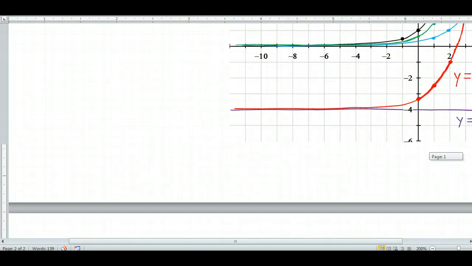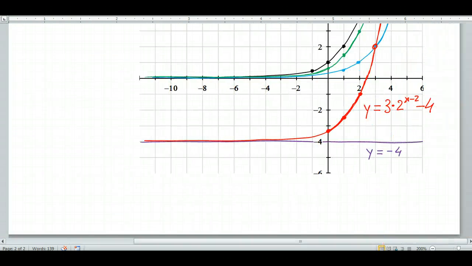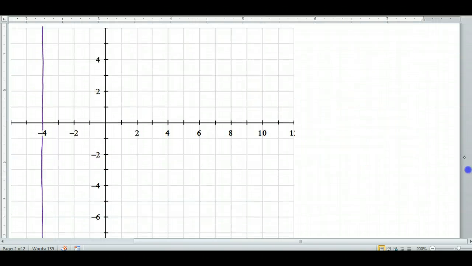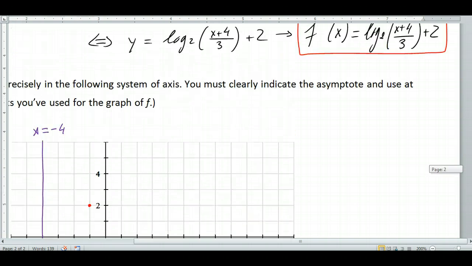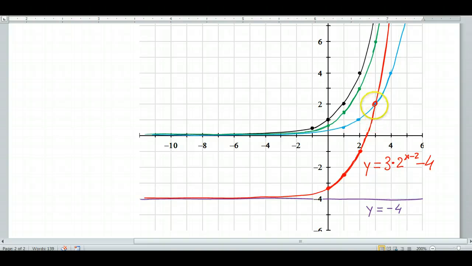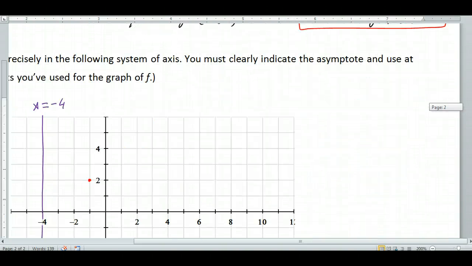Okay, now let's pick some points. Alright, so nice one right here. 2, negative 1, right? Therefore, 2, negative 1 becomes negative 1, 2. Negative 1, 2, right here. Another one. 3, 2 becomes 2, 3.